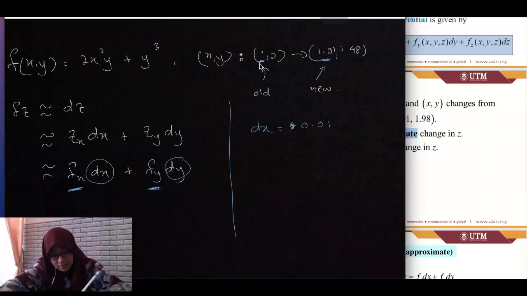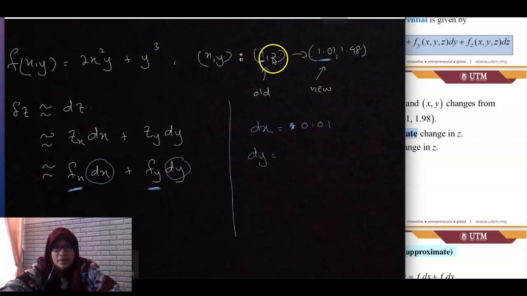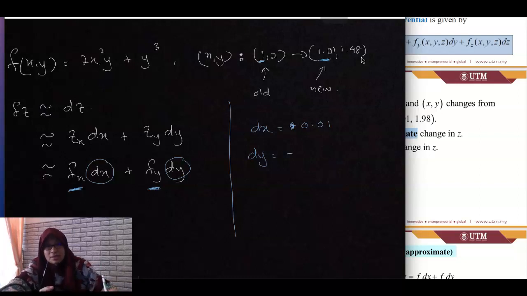Okay, now look at the changes of y. y changes from 2 to 1.98. Do you think it is increasing or decreasing? Does it become larger or smaller? It becomes smaller, right? Because this is decreasing, you have to put minus. Decreasing, in terms of mathematics, means negative.